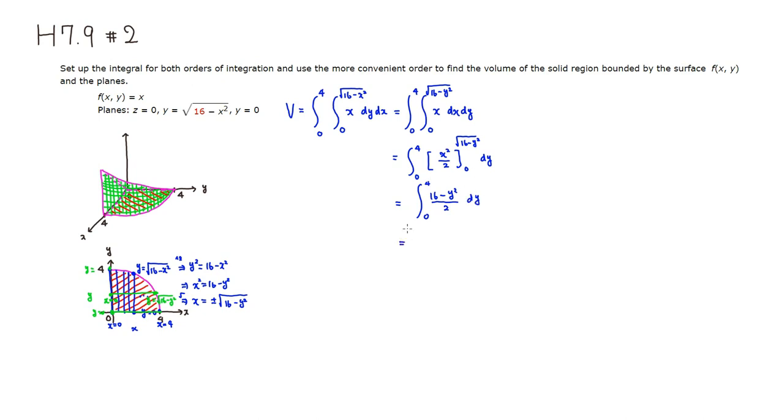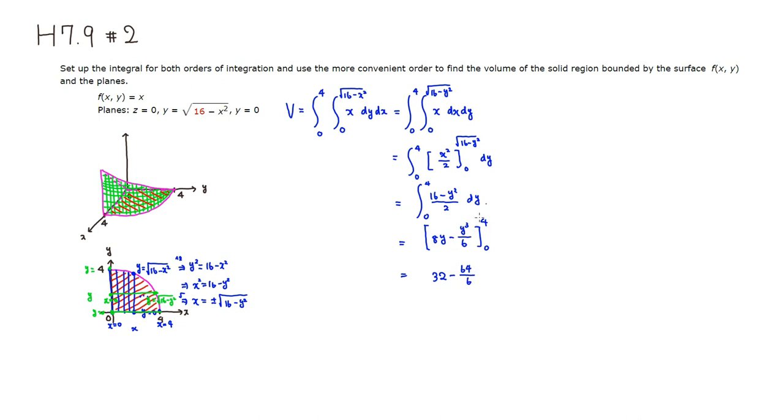So this is going to be equal to 16 over 2, which is 8. The antiderivative of 8 is 8y, minus y squared over 2. The antiderivative is add 1 to the power and divide by 3, but the 2 was already there, so it's over 6. Then we go from 0 to 4. Plug in 4: 4 times 8 is 32, minus 4 cubed, which is 64, over 6.